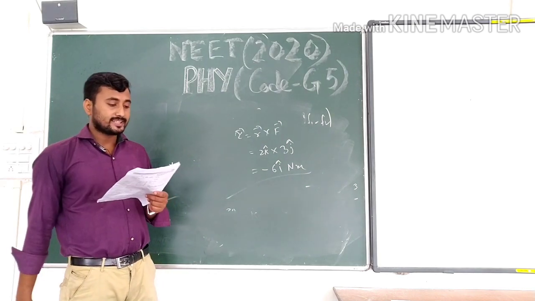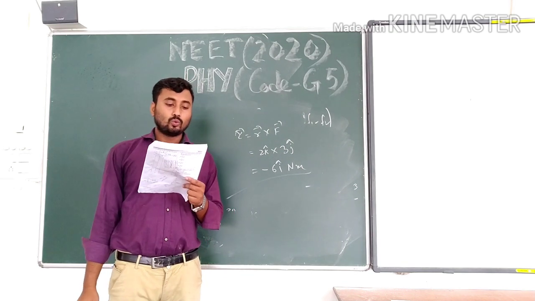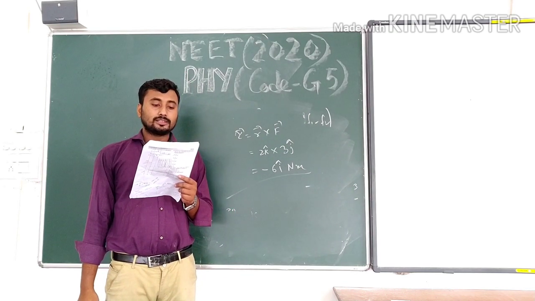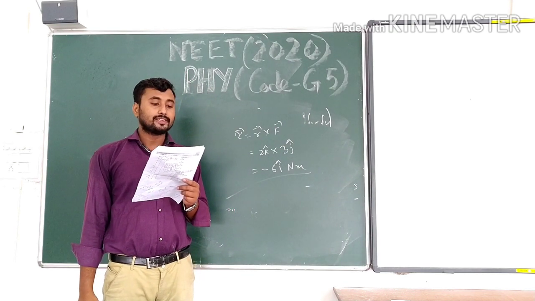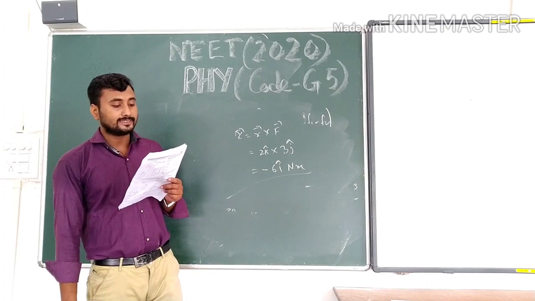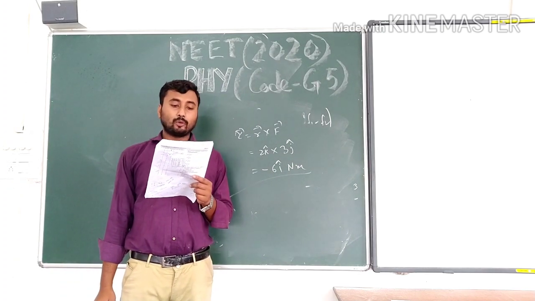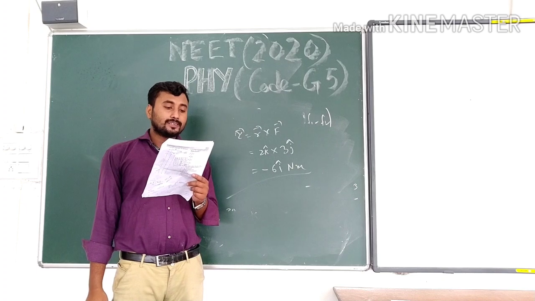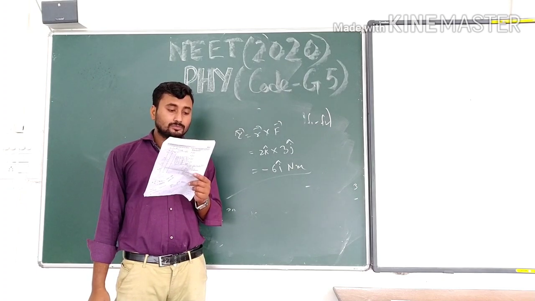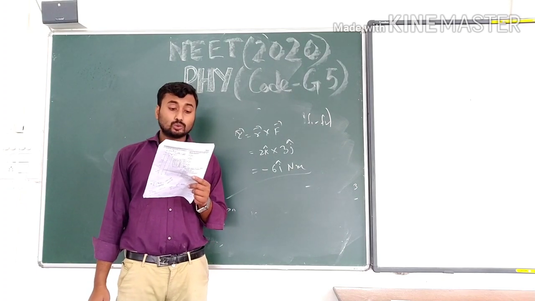Next question, 166. A resistance wire connected in the left gap of a meter bridge is balanced with a 10 ohm resistance in the right gap at a point which divides the bridge wire in the ratio of 3:2.